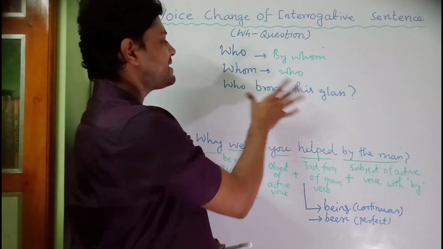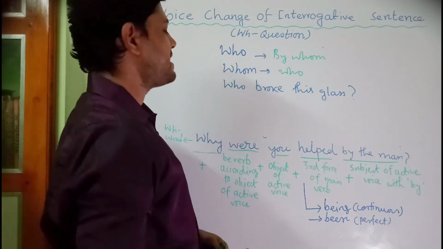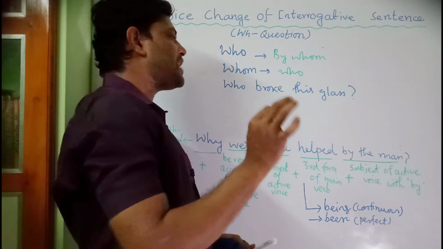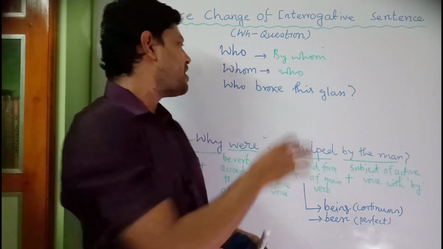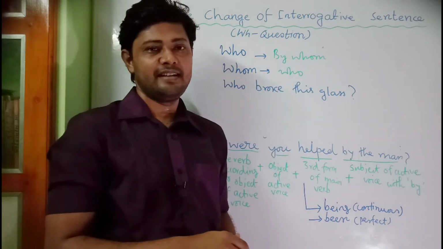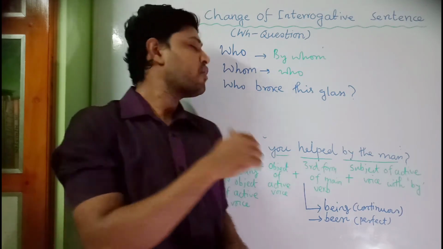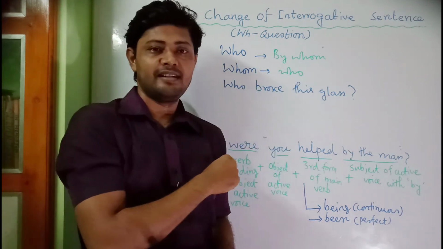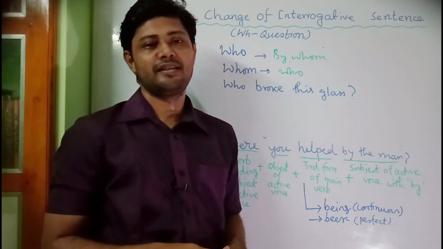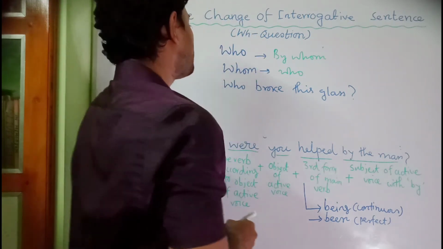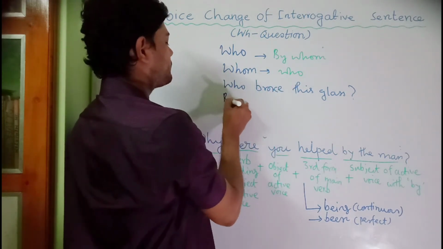Now try to understand one thing, that in this sentence, who broke the glass, this answer is absent. That means the subject who did this work is not mentioned here. So here is no subject. Okay, remember this. So the sentence will begin not with who but with by whom.